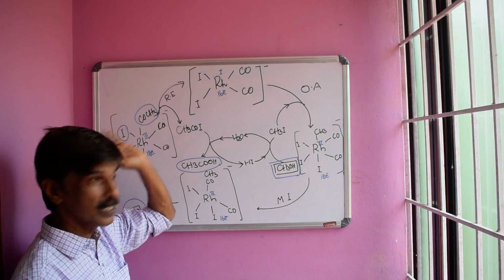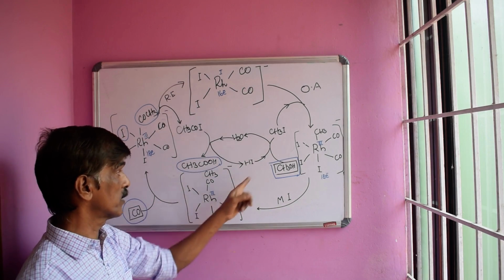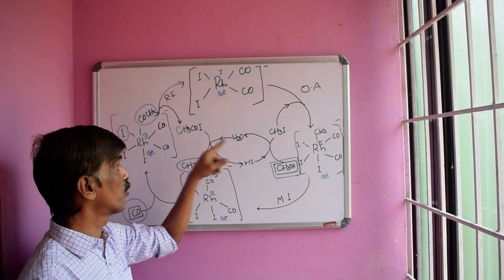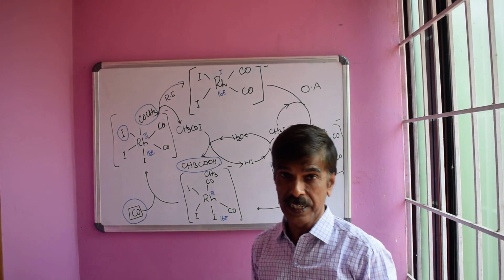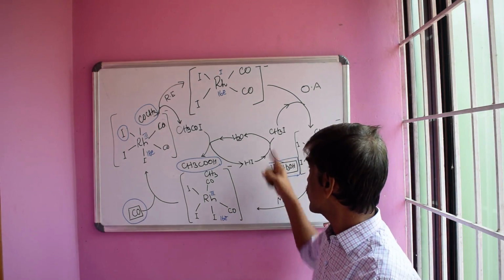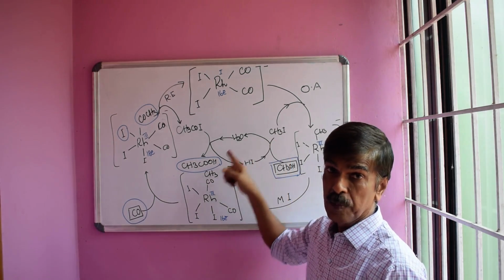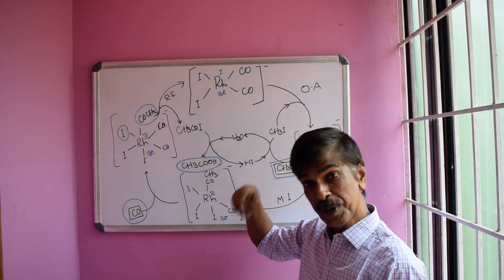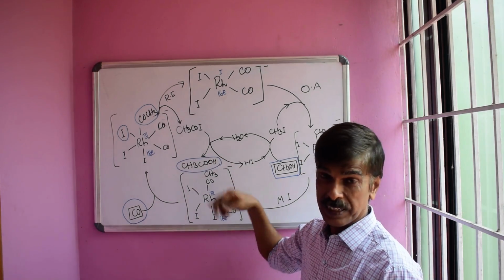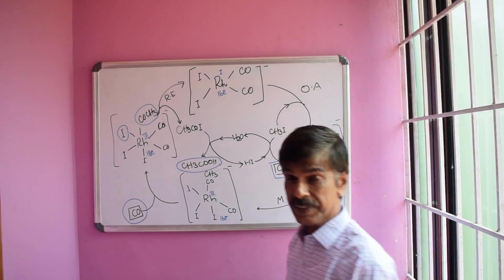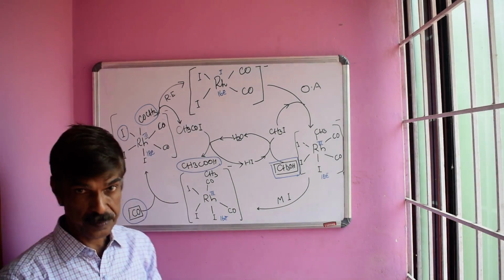Okay. We can see that the starting compound is actually not methanol as the reactant, but methanol is first converted into methyl iodide by reaction with HI, which is produced, as you can see at the end. When the cycle starts running, the process goes smoothly.